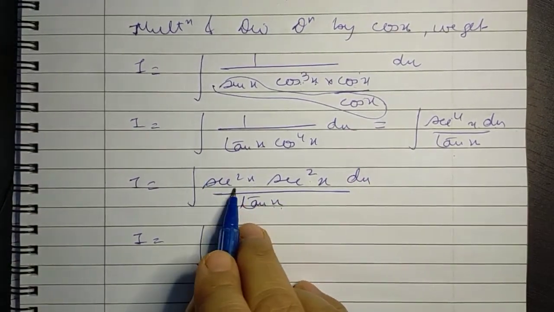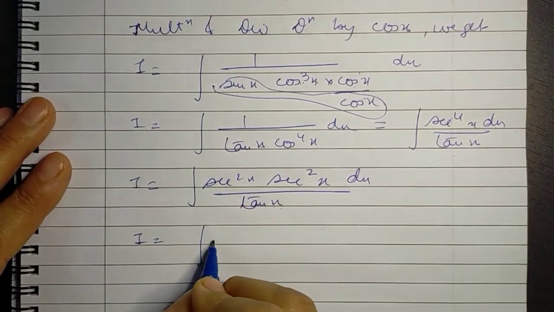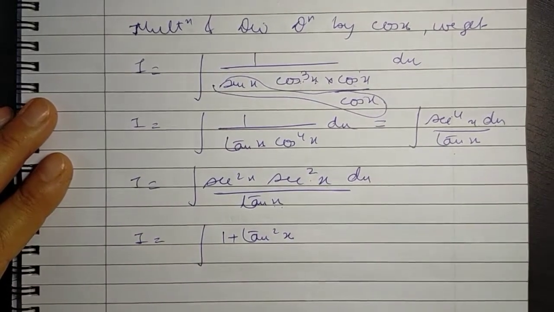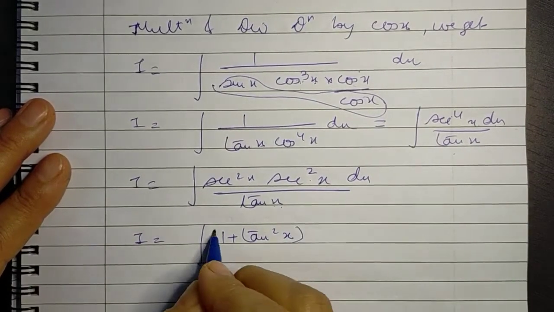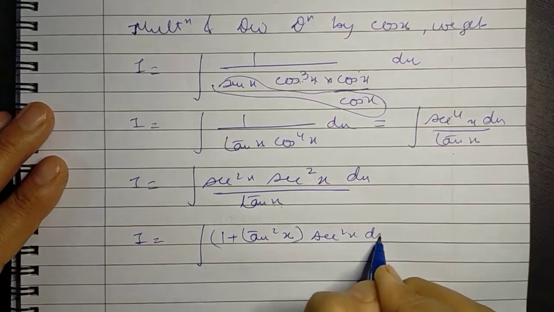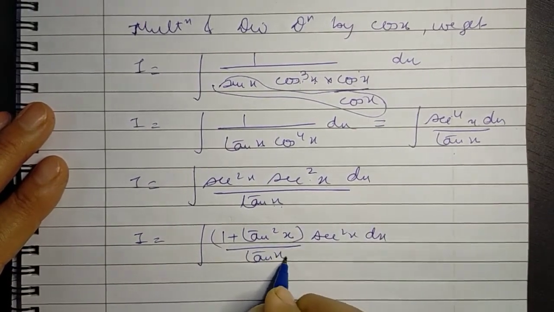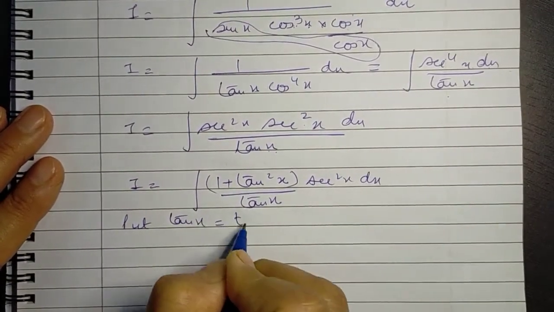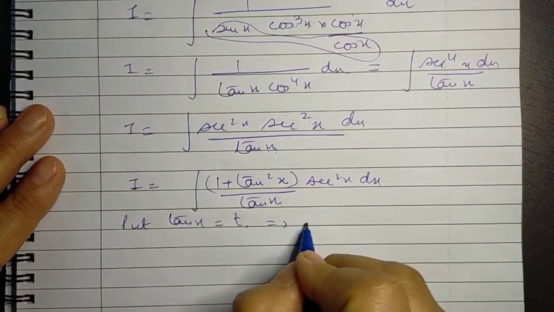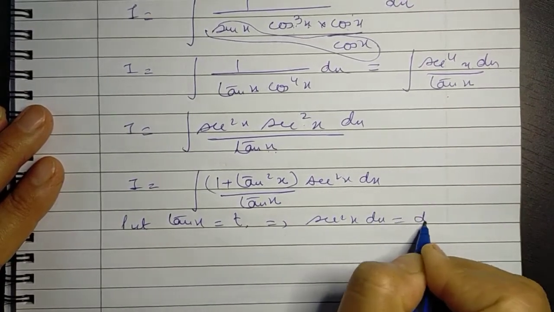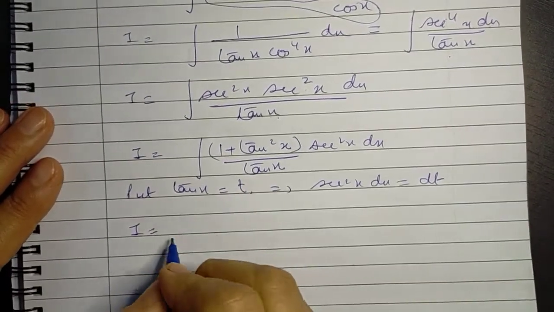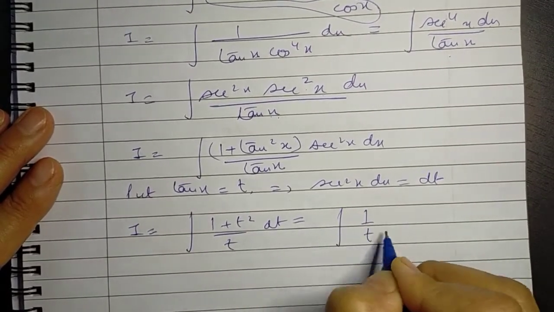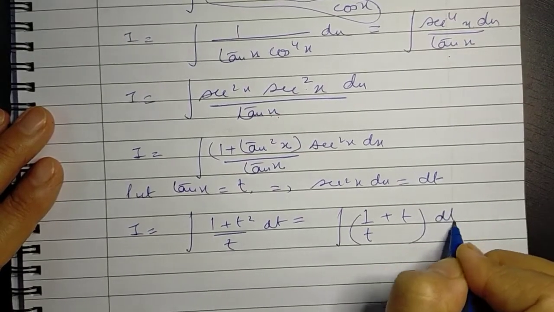We are still left with one sec squared x, which can be converted as 1 plus tan squared x. And this is sec squared x dx over tan x. Now you put tan x as t, we get sec squared x dx as dt, and I becomes equal to 1 plus t squared over t dt, which can be written as 1 upon t plus t into dt.